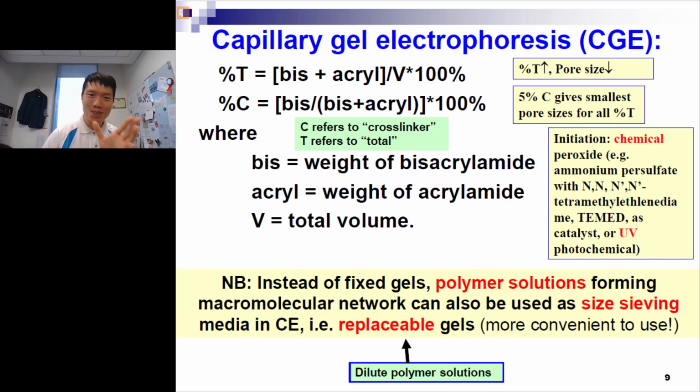You can read up more; I put the link up there for you. If I want to initiate the polymerization, suitable chemicals like ammonium persulfate or TEMED are commonly used there. Or a photochemical initiator, where UV is commonly used.